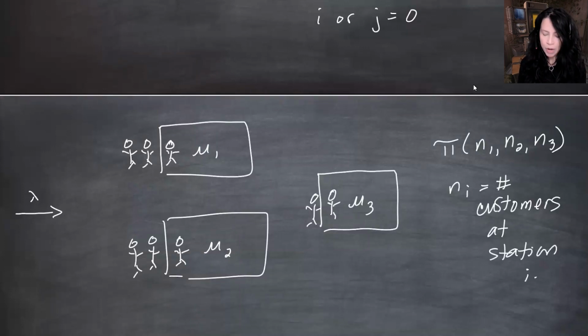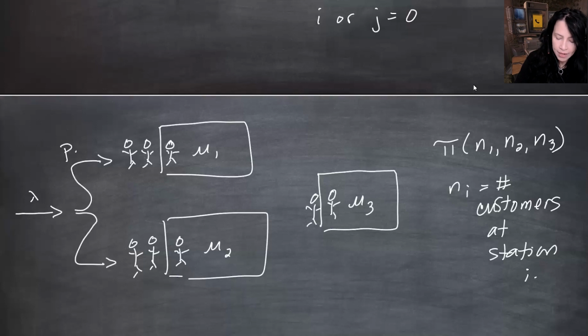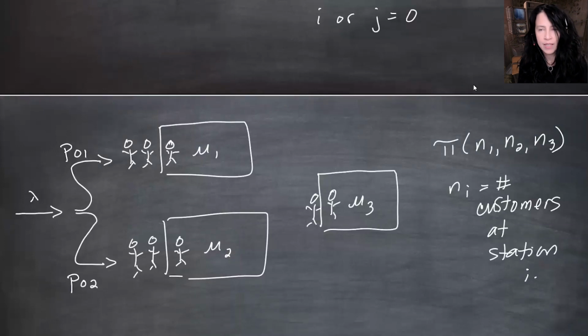And routing probabilities. For this particular example, people coming in from outside maybe join station 1 or station 2. No one can go directly to station 3 in my example. They go to station 1 with some probability P01 from the outside, and they go to station 2 with some probability P02. So 0 means outside the system.